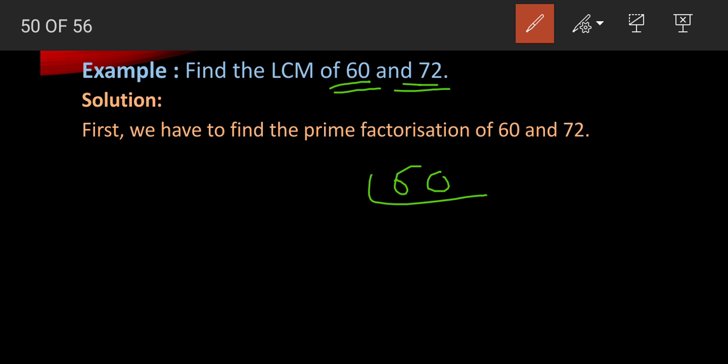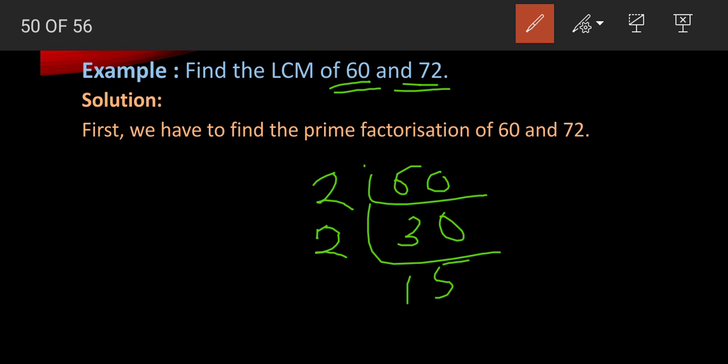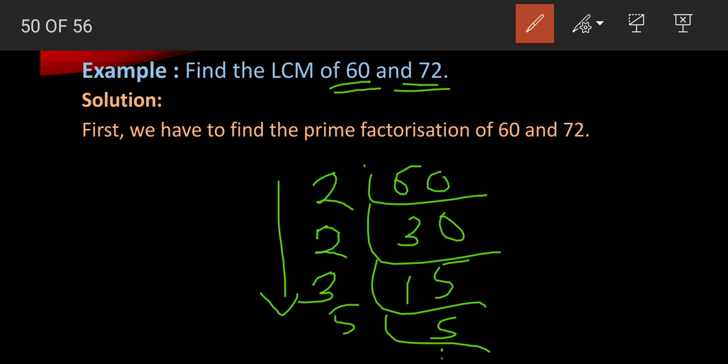Suppose I divide by 2, we get 30. Again by 2, we get 15. Next by 3, we get 5. Then by 5, we get 1. So the prime factors are 2, 2, 3 and 5. In this way you can convert 72 also.